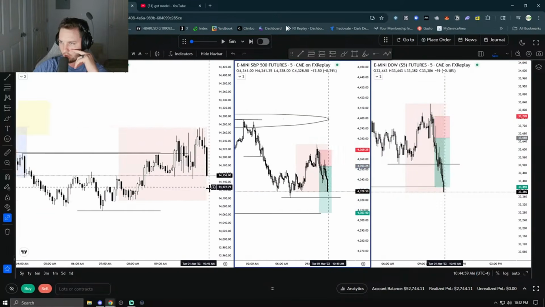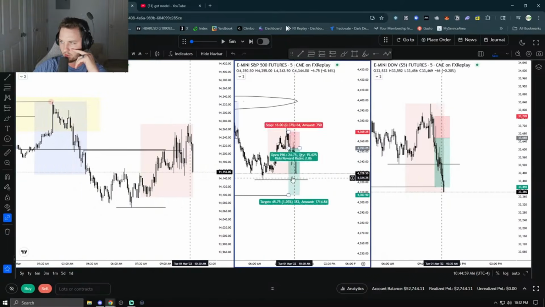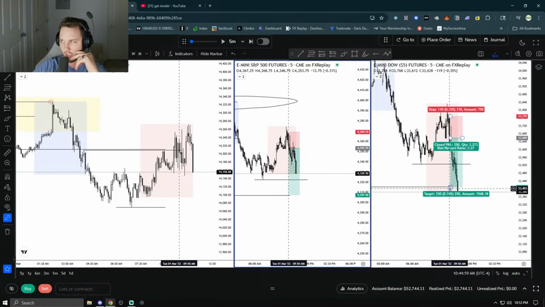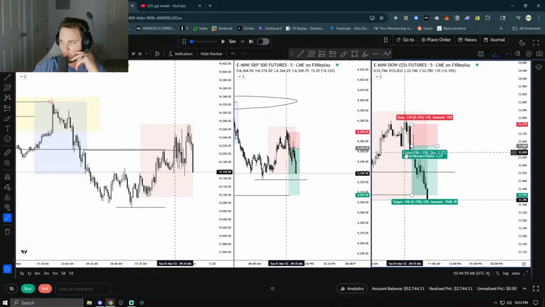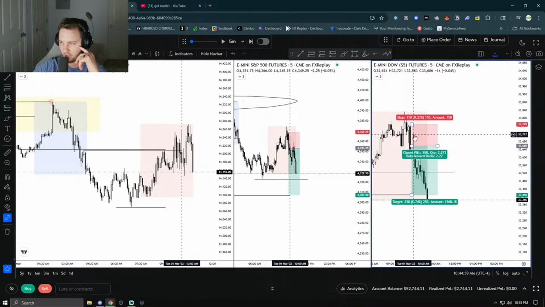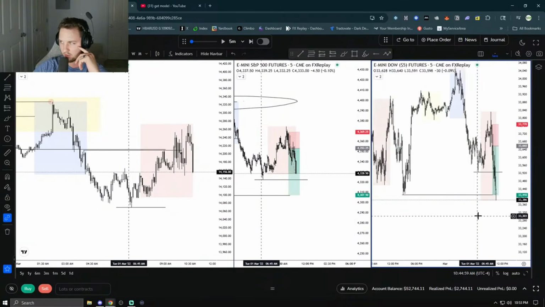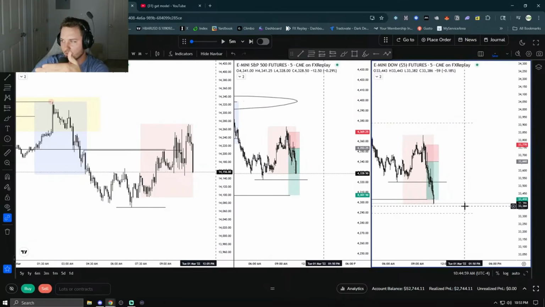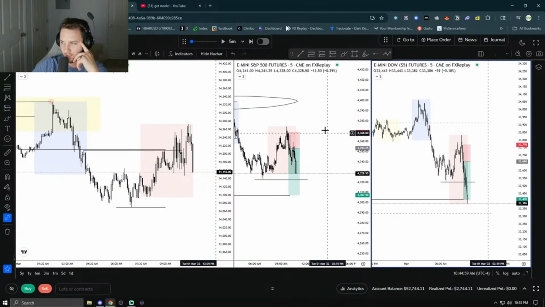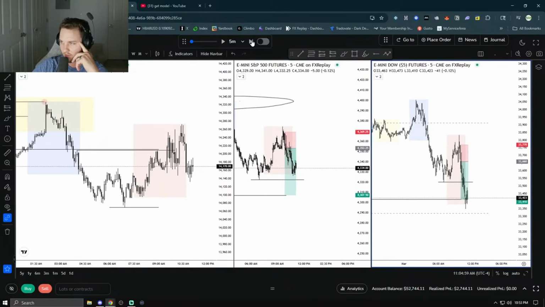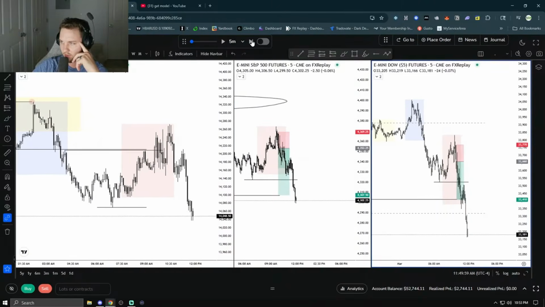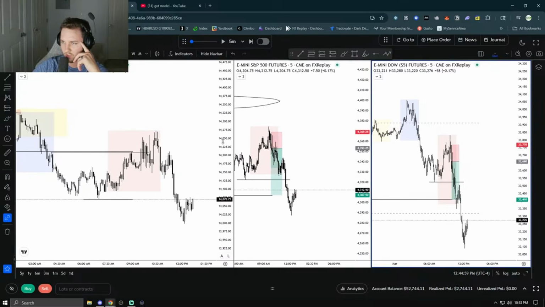Okay, so look at NQ, look at ES, look at YM. Open high, small wick, expansion. This is everything aligned, and then they all expand away, just like that.